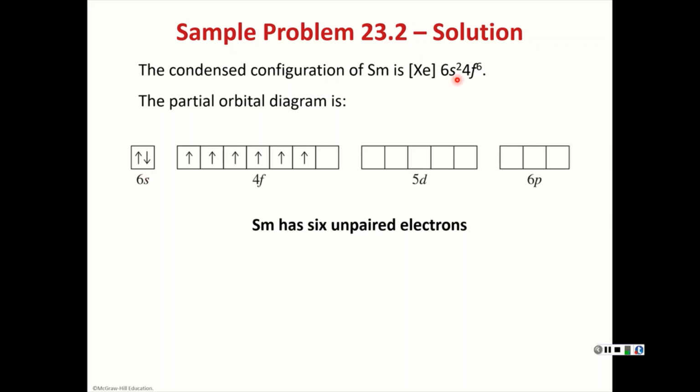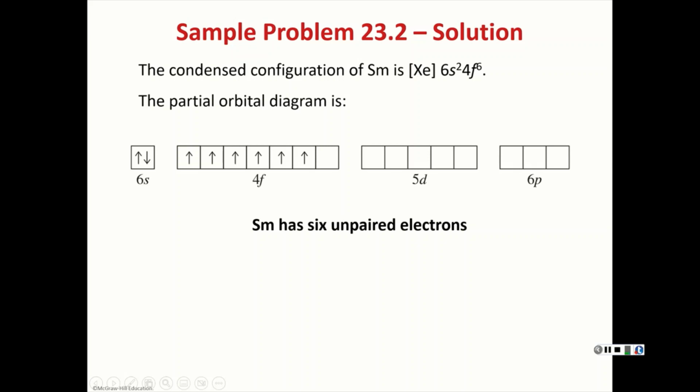We only have to worry about the s and the f. We have 6 f electrons. There are actually 7 f orbitals, so we have 1 electron in each of 6 f orbitals, so we have 6 total unpaired. So how do you tell how many orbitals you can have for each of these lettered orbitals?